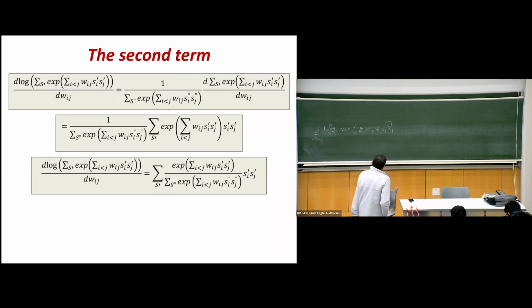And then the second thing that happens is that now I take the derivative of, so it's 1 over the summation times the derivative of the sum of e to the whatever. So the next thing is I've got to take the derivative of this guy with respect to Wij. And when I take the derivative of that, the exponent will stay, and then you have the derivative of the argument of the exponent with respect to Wij, right?